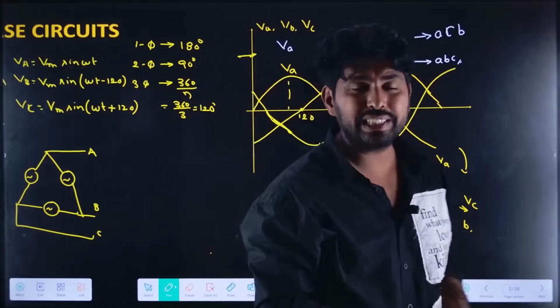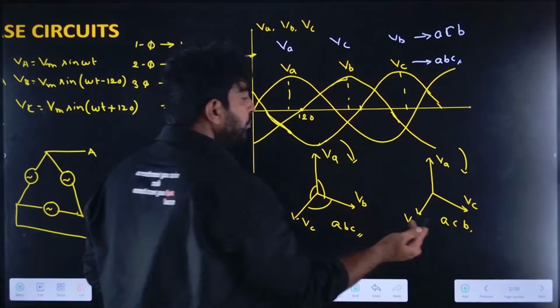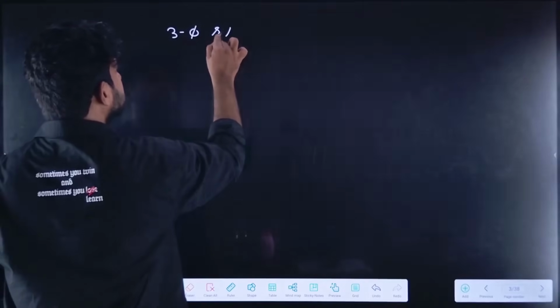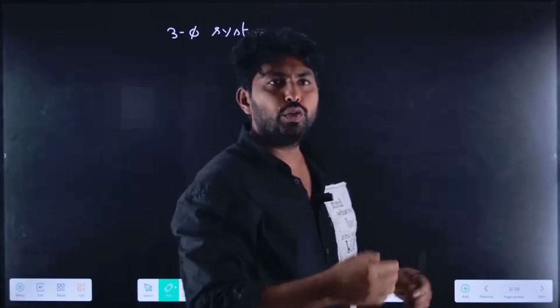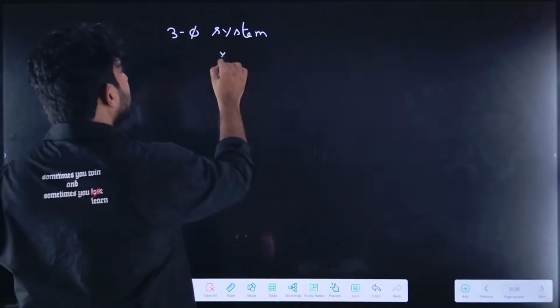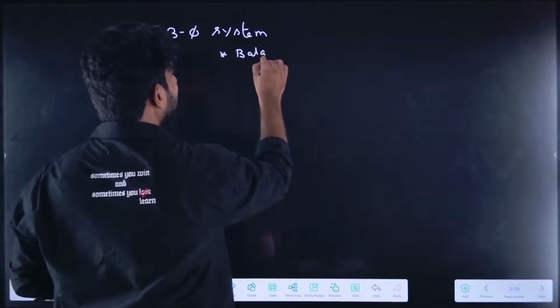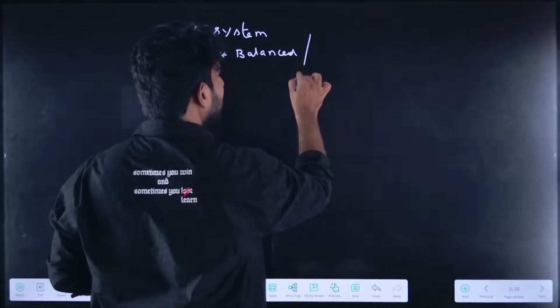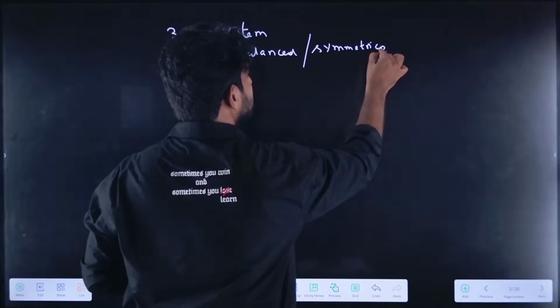Now let us see what is an unbalanced load and what is a balanced load. Let us see how the three-phase system is classified. In a three-phase system, it is categorized into three systems. First, the balanced three-phase system, which we can also call the symmetrical three-phase system.